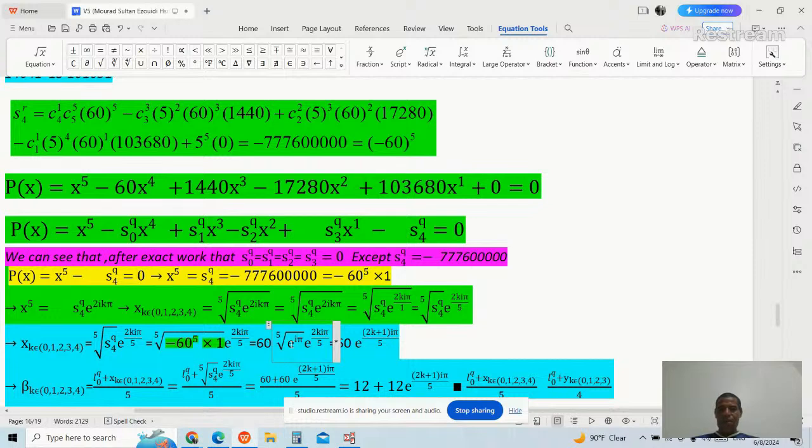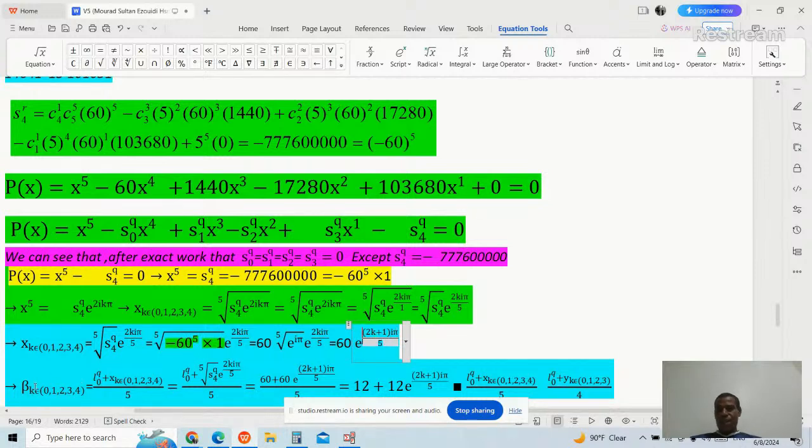Then the fifth root of exponential i pi, learners, has to be equal to exponential i pi over 5 times exponential 2k i pi over 5. We have two exponentials with the same base but different indices, so I should multiply them. So the last answer has to be equal to 60 exponential (2k plus 1) i pi over 5.